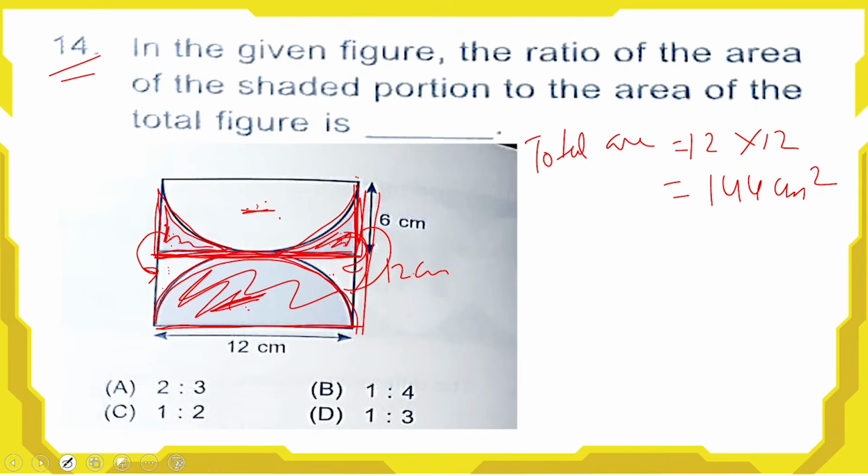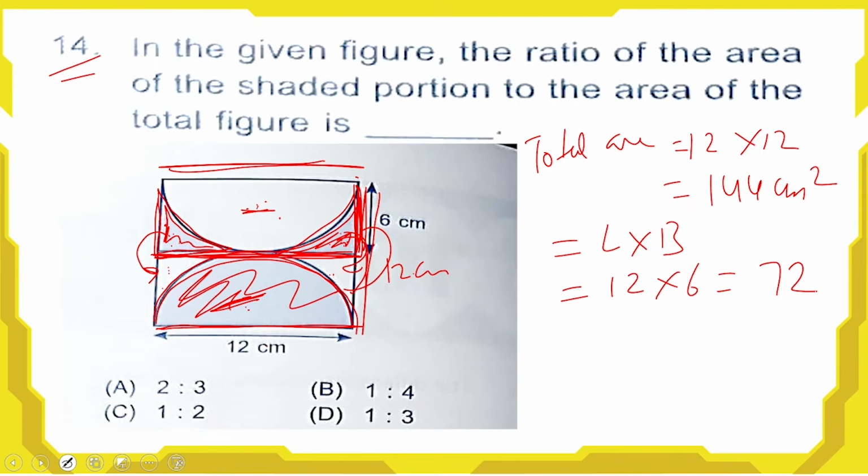Then what do we have to do? I have to take half the square. Okay, area of half, how can I find it? This is 12 but this is half part, 6. So area of rectangle is length into breadth, that is 12 into 6, that is 72. Okay, so what will be the ratio between both of them? So here 72 and 144.